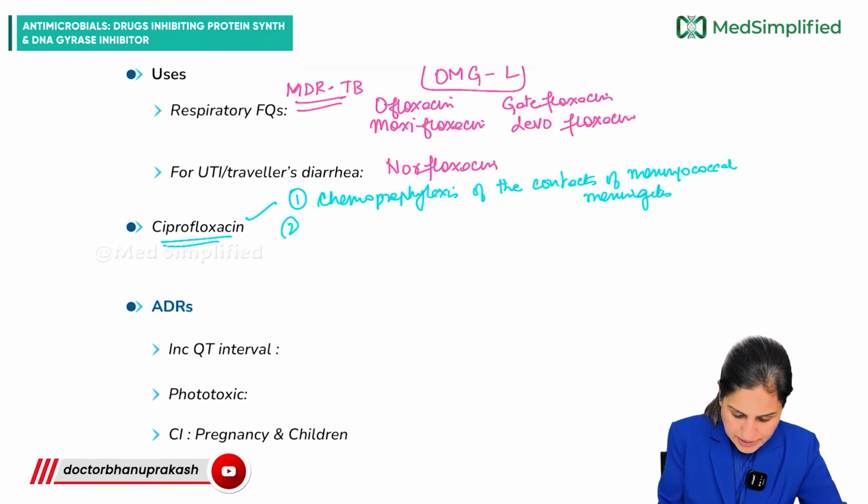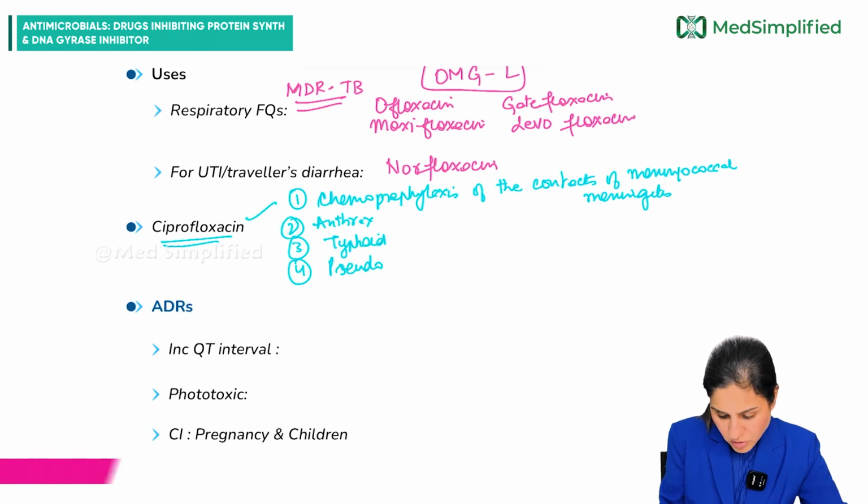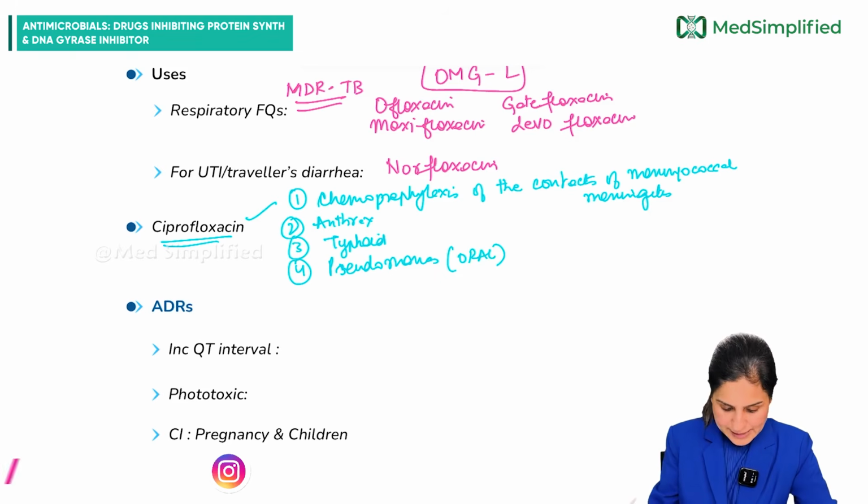Number two, it is used for anthrax. Number three, it is used in typhoid. And number four, it is the only oral drug for Pseudomonas, right? Only oral drug for Pseudomonas.